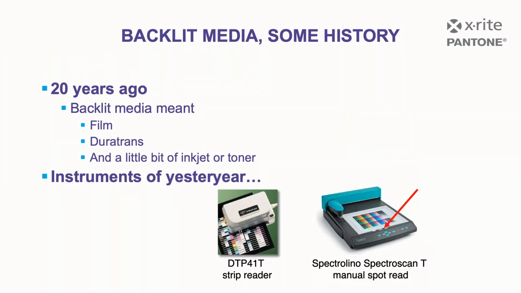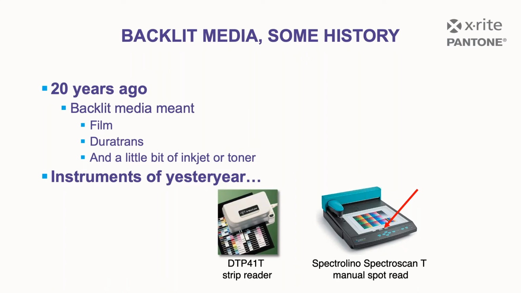And years ago, backlit media was smaller in the types that were available. They had film, Duratrans, which essentially was a photographic process, still available today, that had a built-in diffuser, and then a little bit of inkjet or toner-based material.